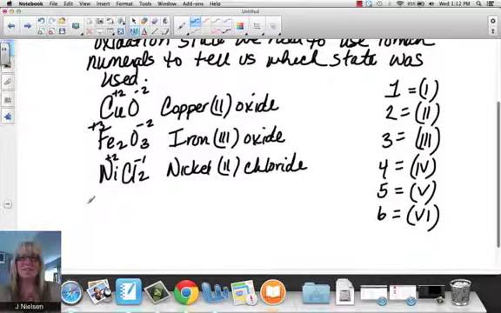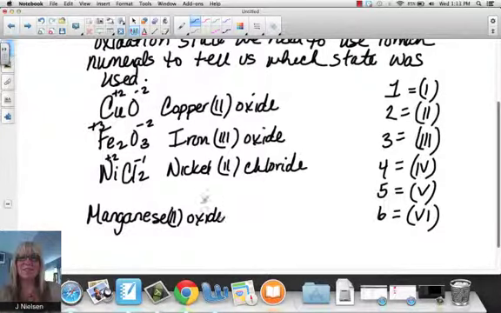So let's say I have the name manganese, Roman numeral 2, oxide, and I need to write the formula. Please do not confuse manganese with magnesium. Manganese is Mn and magnesium is Mg.